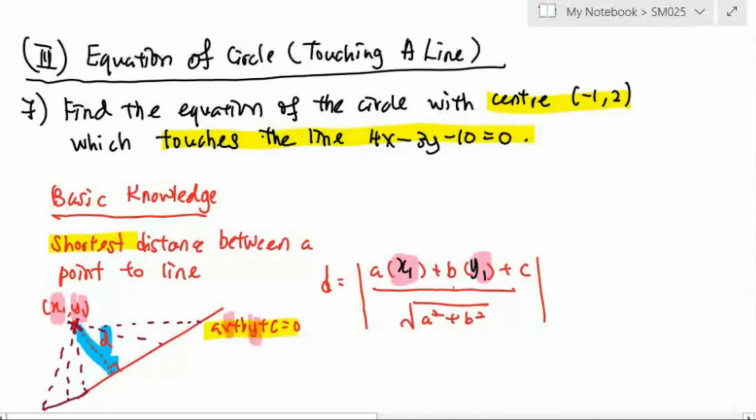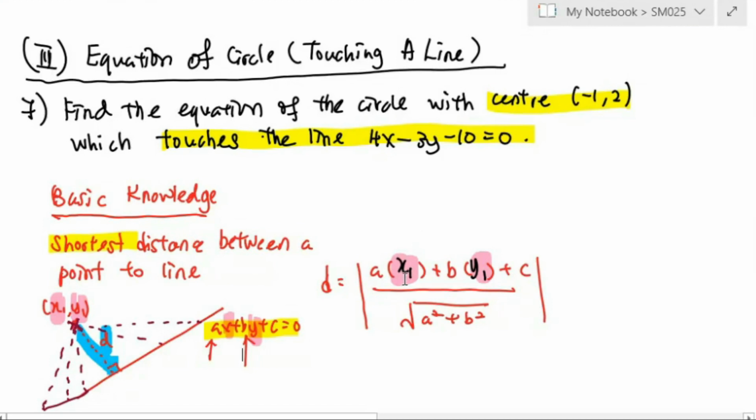So plus c, and don't put the equal, we just put the modulus. We put the modulus because we want our distance to be positive, we don't want the distance to become negative. And the denominator will be the square root of the coefficient of x, which is a square, and the coefficient of y, which is b square. So that will be your formula for finding the distance between a point to a line, the shortest distance.